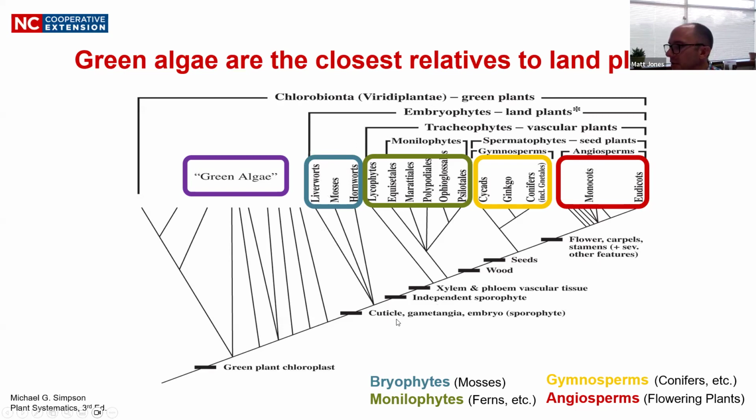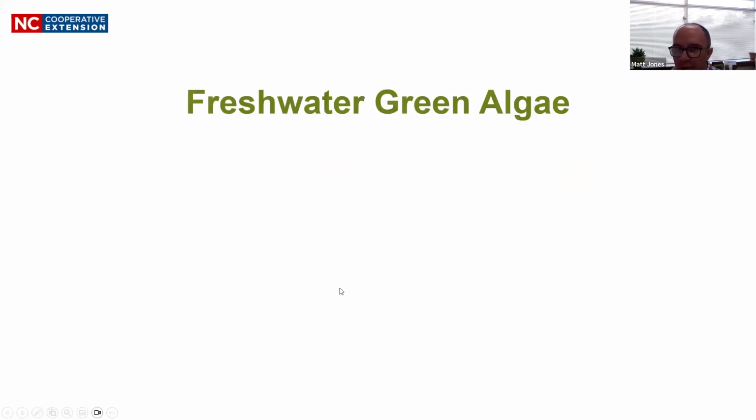They have many features that we'll look at in a second that allow them to adapt to survive on the land instead of in a marine or freshwater environment. But before we go into plants, just to give you some familiarity with green algae.